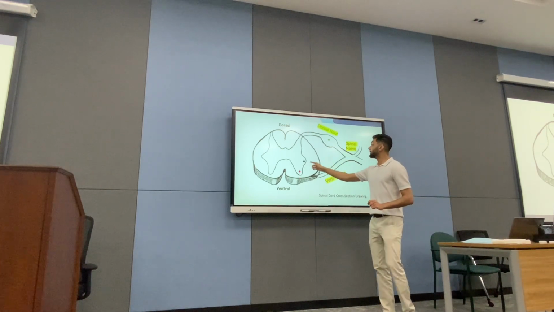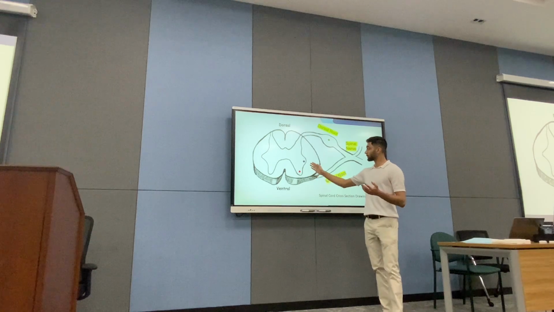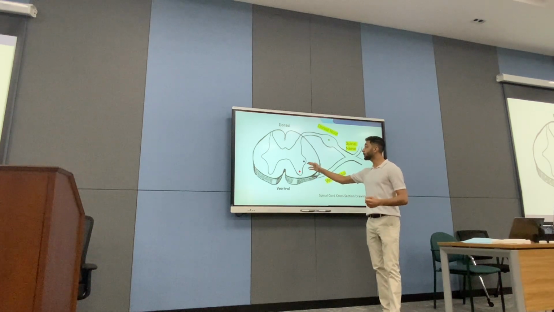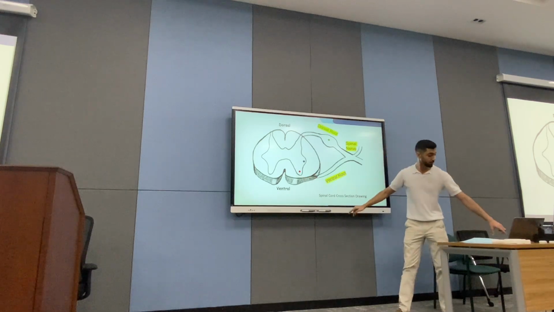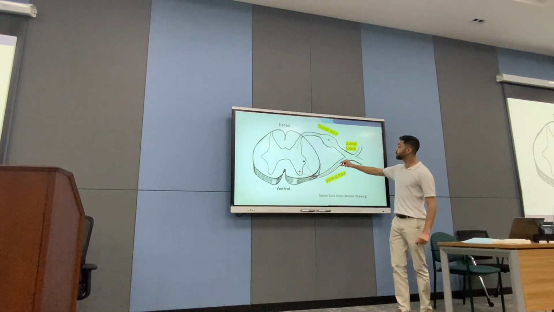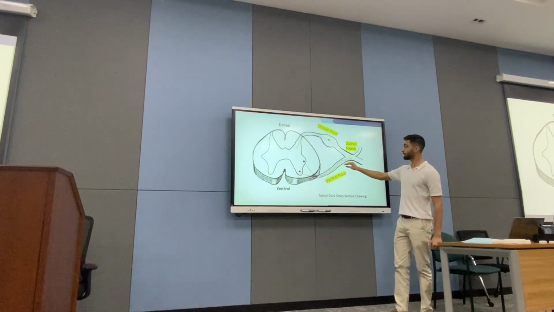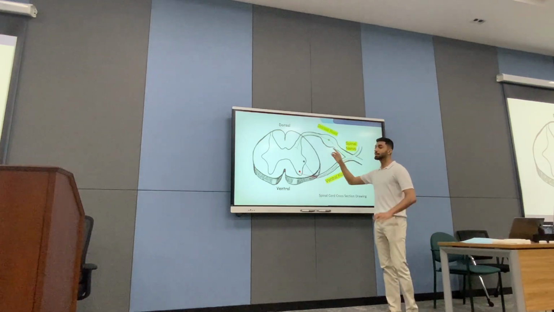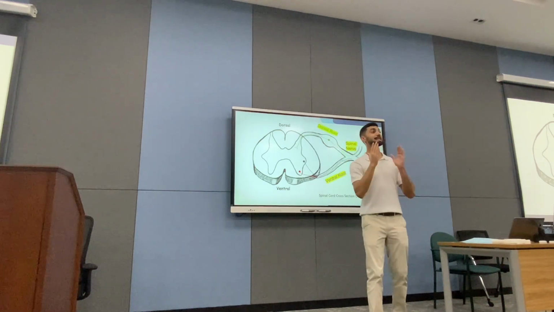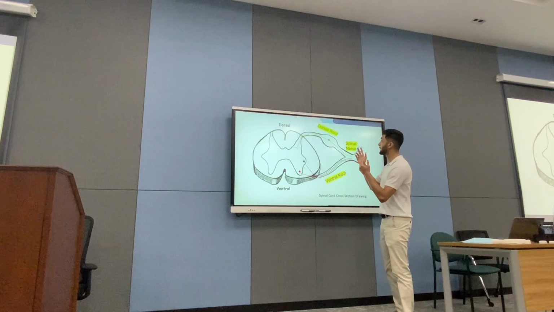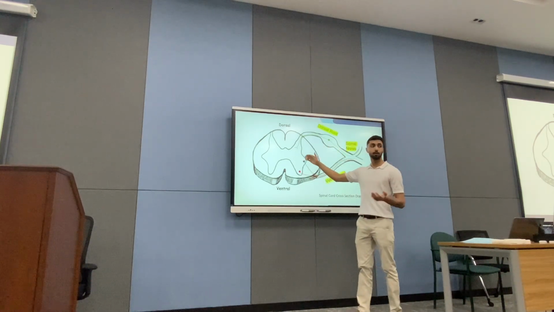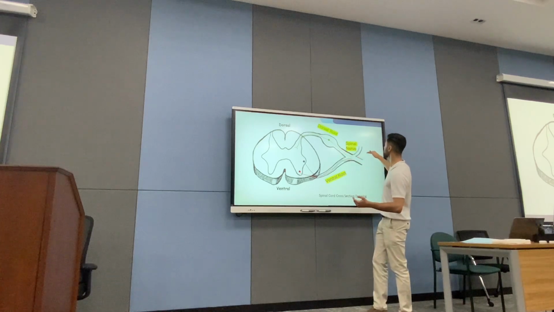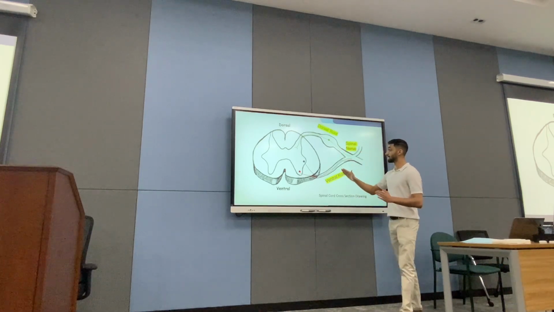Now, the autonomic motor neuron will send its axon with the somatic motor neuron through the ventral root. And in the dorsal root ganglia, we have the sensory neuron cell bodies. It has two processes: a central process that goes to the dorsal horn, and a peripheral process which goes to the spinal nerve.